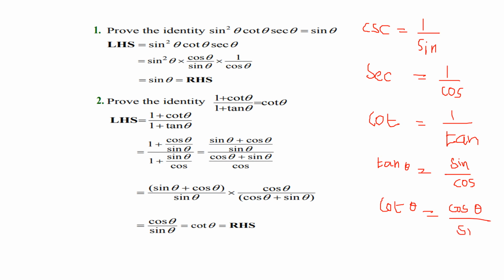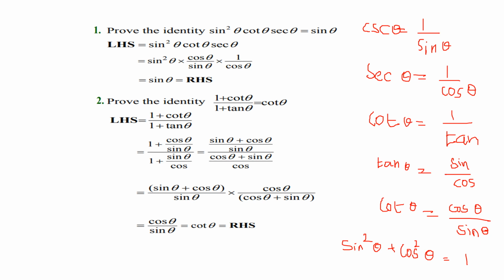Okay, so we have to keep everything in mind, then we can prove the identity in a simple way. And another one, very important: sine square theta plus cos square theta is 1. So these are the basic identities. You can put the proper angle theta for all the identities.